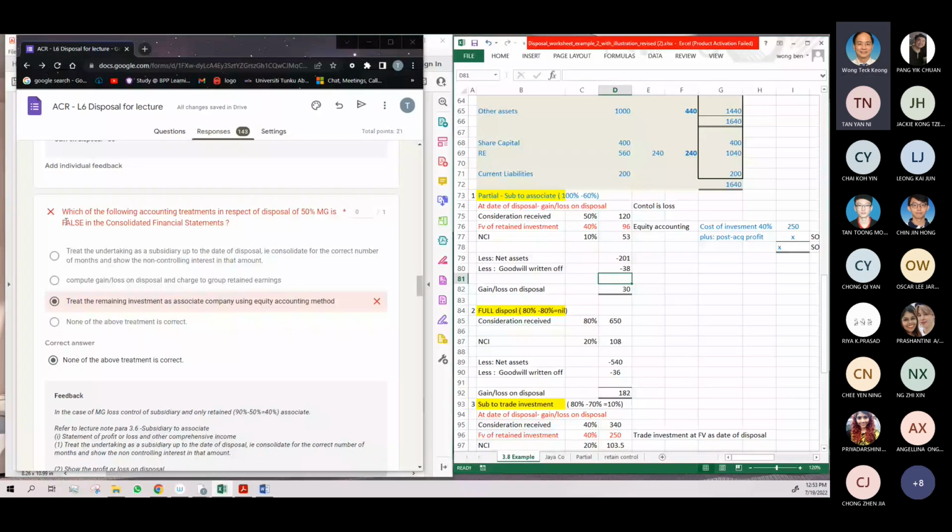So compute gain/loss, yes, this is correct. Treat the remaining as an associate using equity accounting. Say the 40% is considered an associate. So this is correct. You see here, equity accounting, cost of investment plus post-acquisition profit. So we said 20 to 50%.